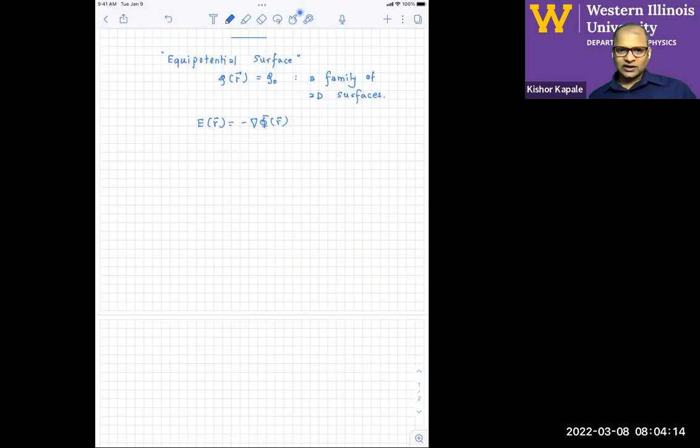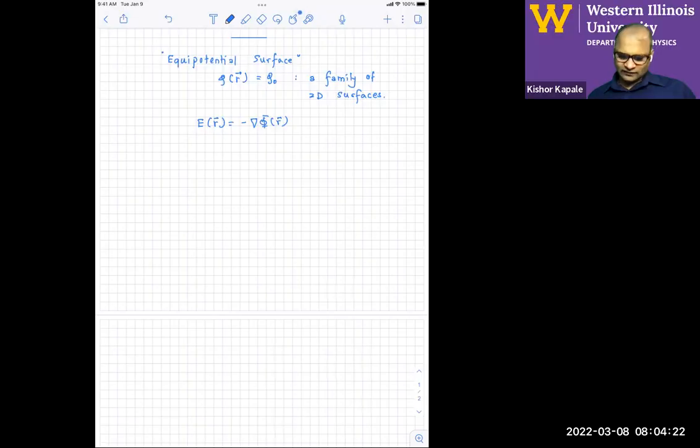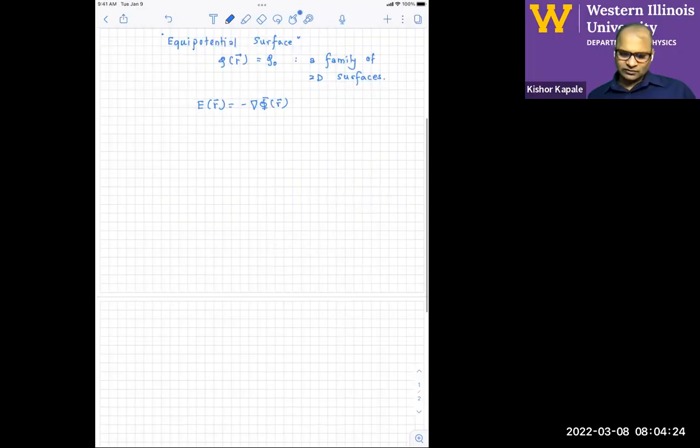The inverse relation actually comes from the nature of the force field, which is called conservative, right? I'm sure you have heard the term conservative. The Coulomb force is conservative. What does that mean? Does anybody have any thoughts on what we mean by a conservative force field?